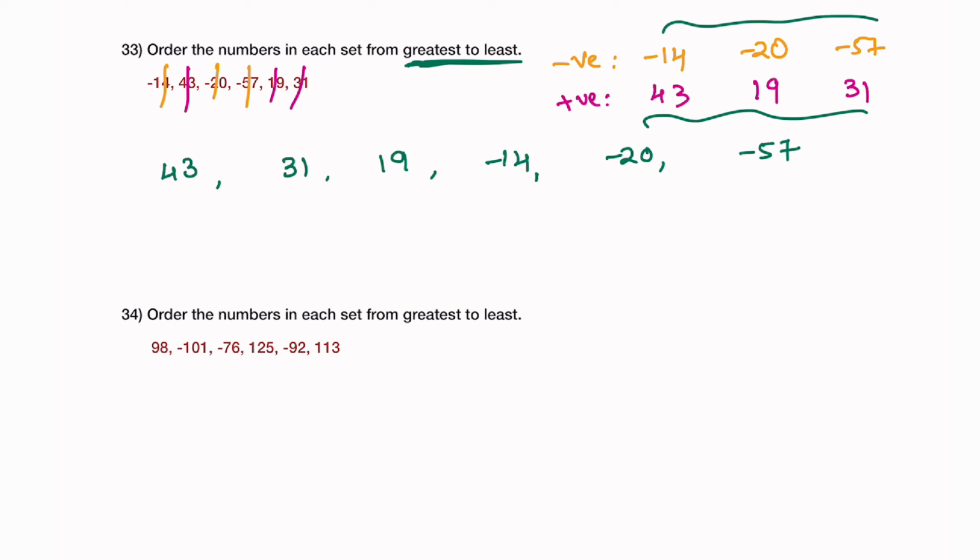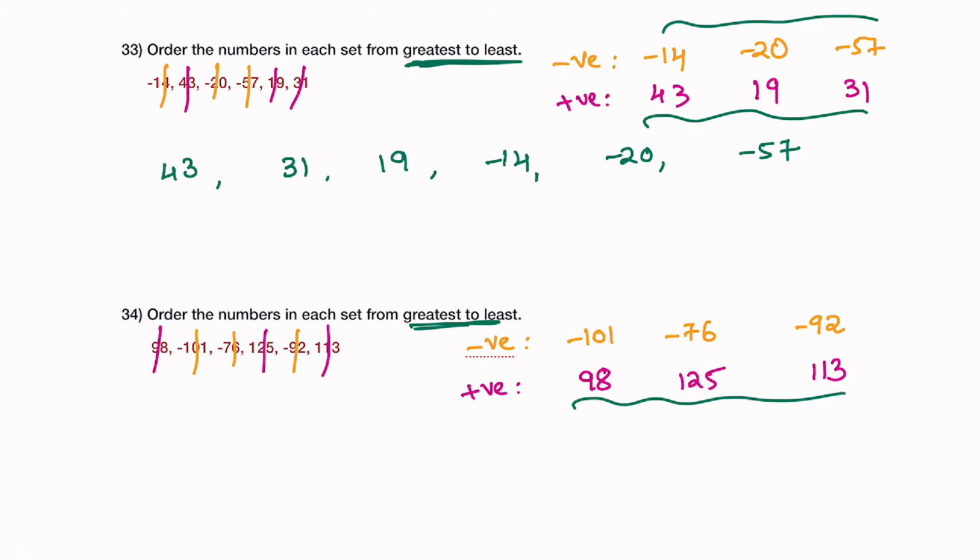The next one here. Negative numbers are minus 101, minus 76, and minus 92. Then we have positive numbers. That's 98, then 125 and finally 113. Greatest to least. So we will look at the positive list first.